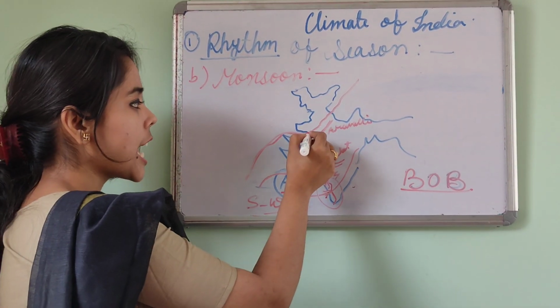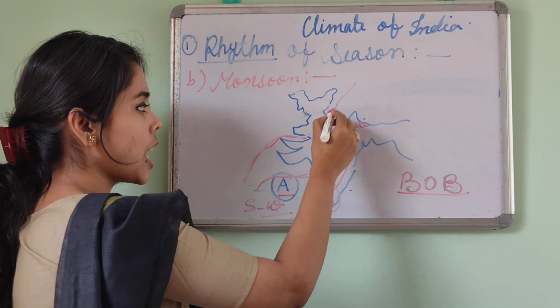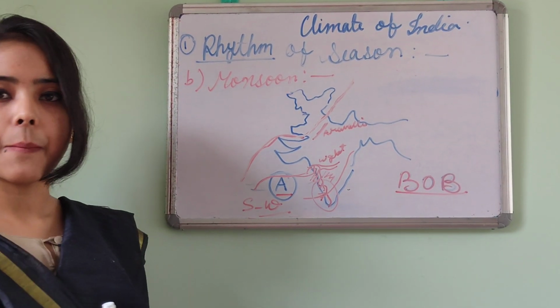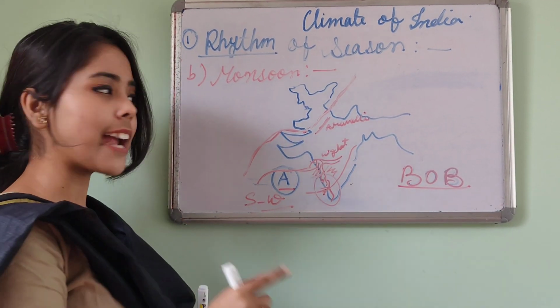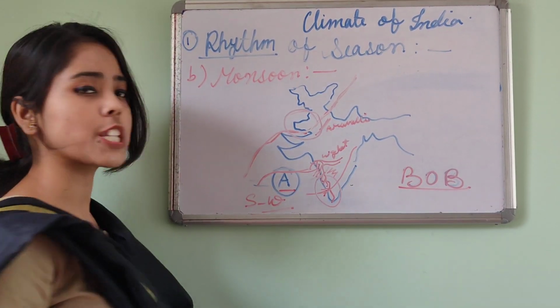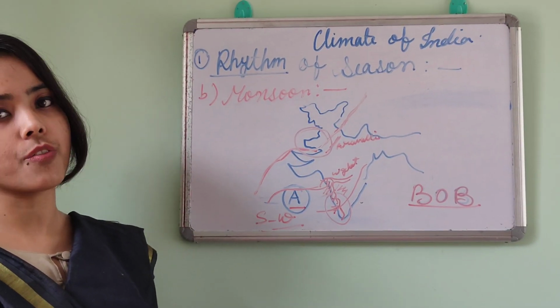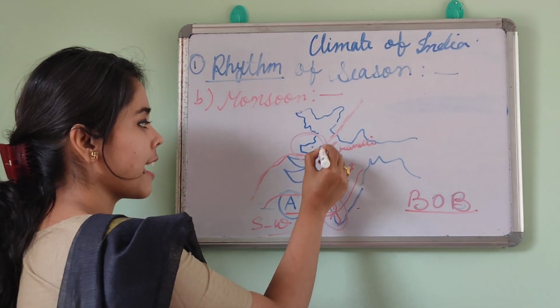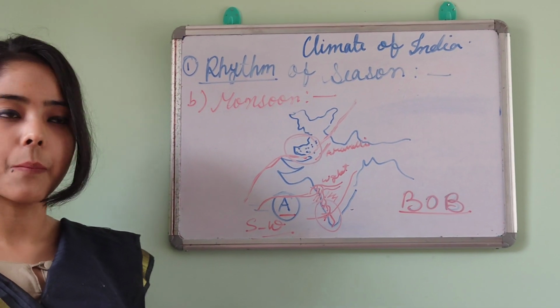That means it will carry the moisture and blow like this. Since it is not hitting the Aravalli range, this region will experience no rainfall or very little rainfall. That's why a desert is located here, that is Rajasthan.